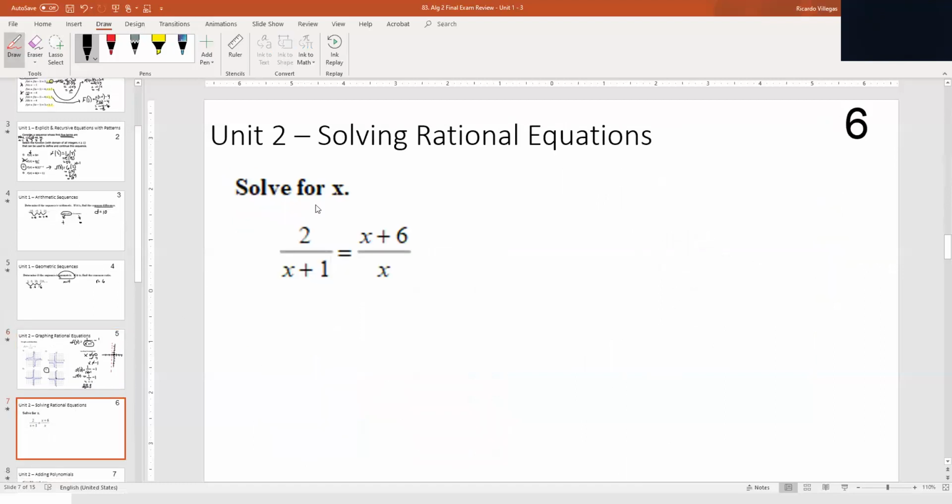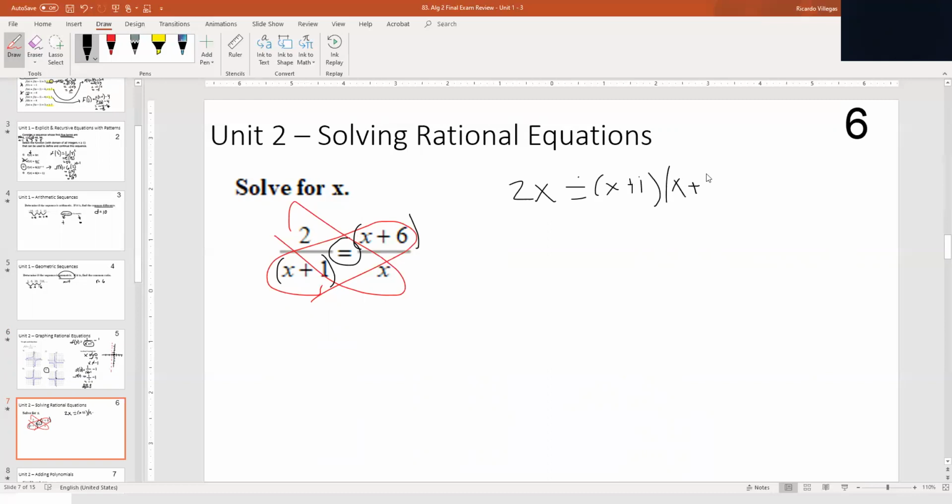Here they want you to solve a rational equation. Whenever you have two rationals equal to each other, you might have learned the trick, and the trick is you cross multiply. So when we cross multiply, we multiply 2 times x, which is 2x, equals, and what I always like my students to do is put parentheses around these binomials, so we get (x plus 1) times (x plus 6).